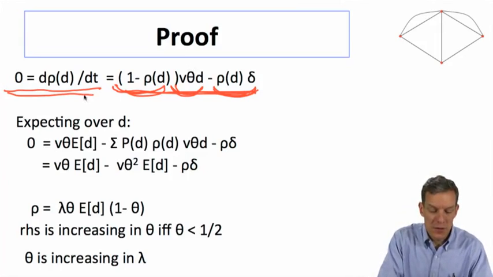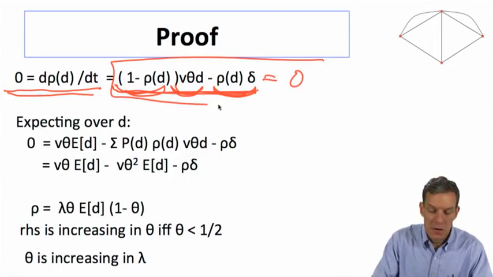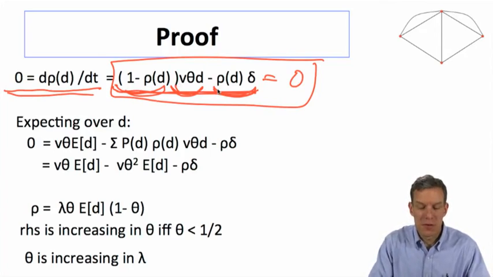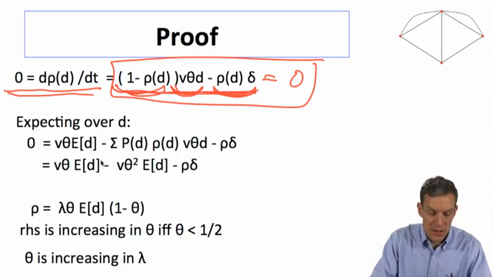And so we've got an expression which looks like this thing is equal to 0. Now let's take an expectation over d. What do we end up with? We're going to end up with v theta d times a 1. Take an expectation of that, you get this expression. Take an expectation of this, you get that expression.